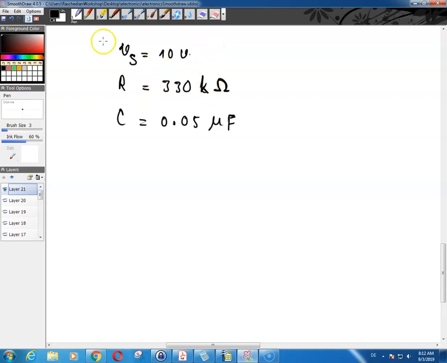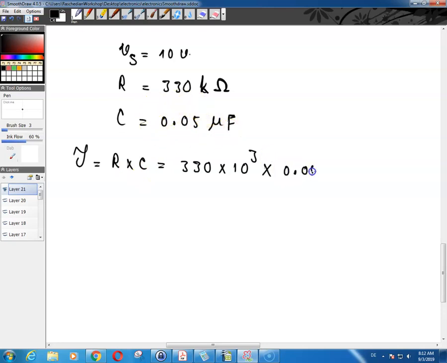First you can calculate your time constant here, which is tau is equal to R times C, which is equal to 330 kilo ohm, meaning 330 into 10 raised to the power 3 ohm, times your capacitor, 0.05 microfarad.